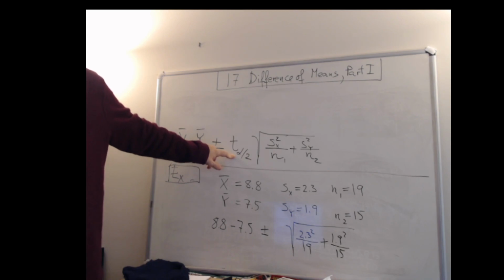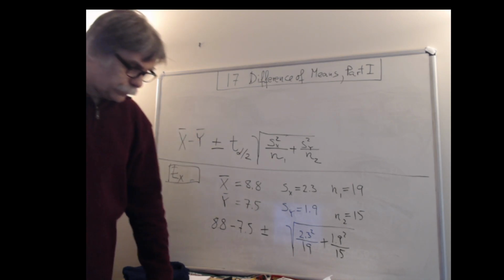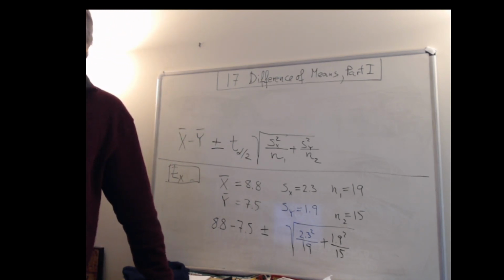Now, this particular confidence, I'm going to use 90%. Okay? So 90% confidence, but it depends on the degrees of freedom too. There are ways to interpolate that. We are not going to do that. But that is something that your calculator would be able to do.